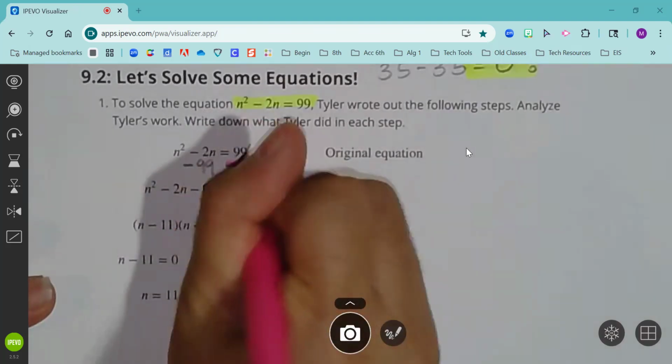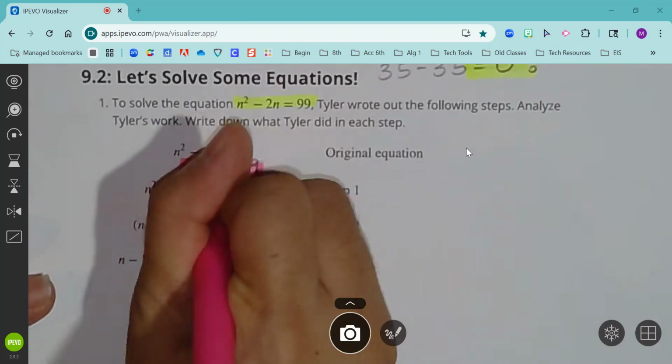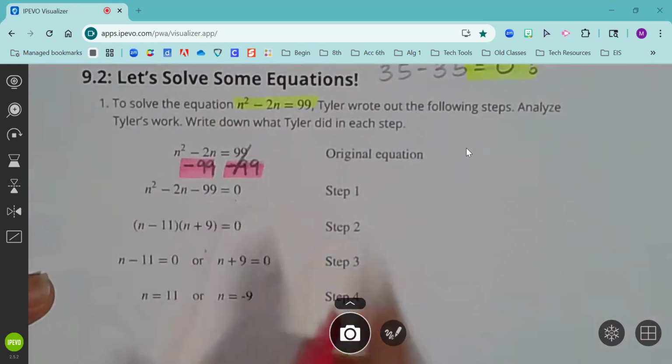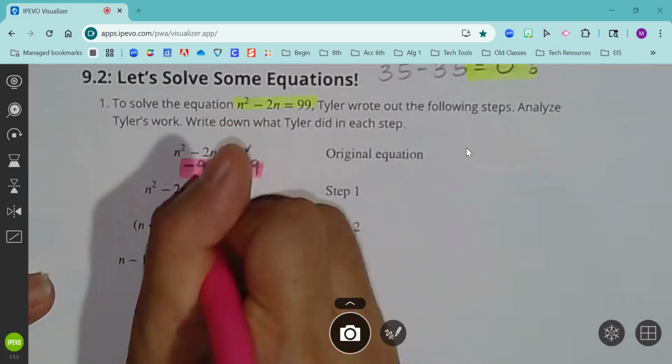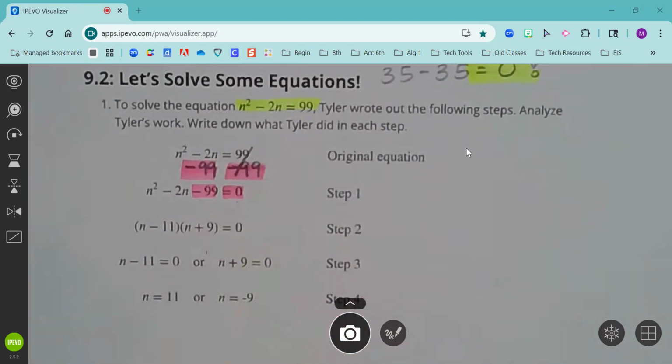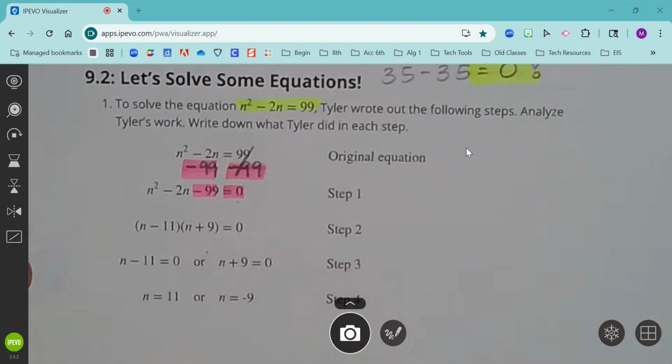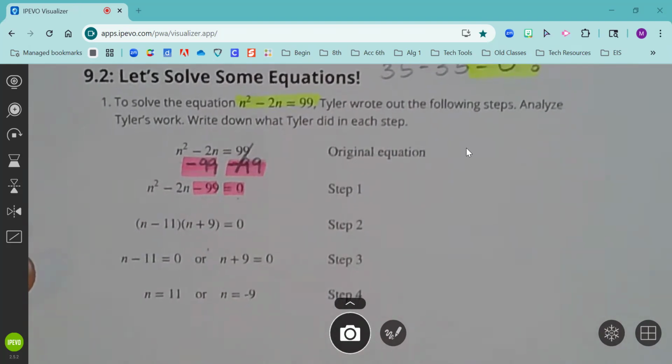Now, why would he do that? Well, the goal is that we want the equation set equal to zero. Okay, so if we could get our equation set equal to zero, then we could factor and then use that zero product property to help us solve.